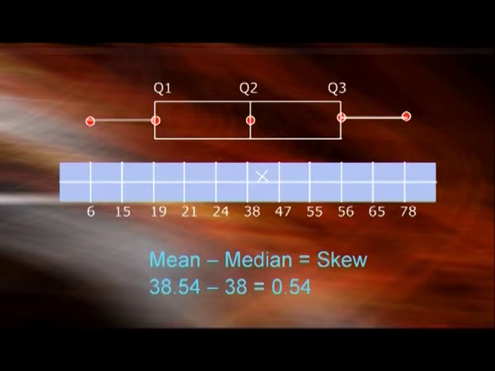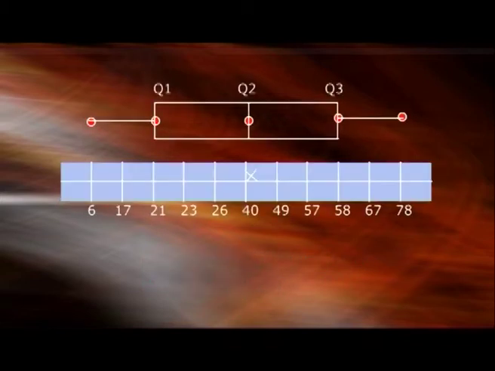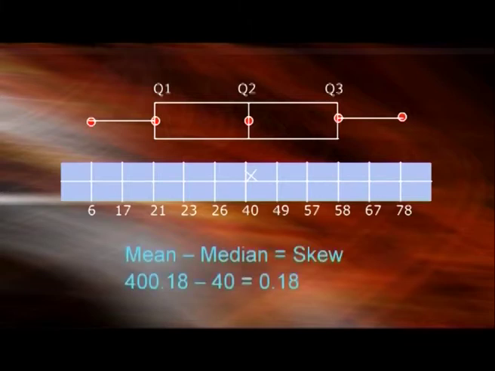Therefore, the skew is measured as 38.54 minus 38, that is equal to 0.54. Similarly, in the second data, the mean value is 40.18 and the median is 40. Therefore, the skew is measured as 0.18.